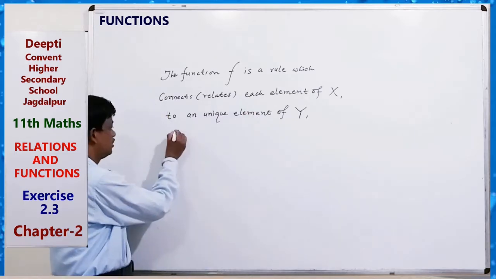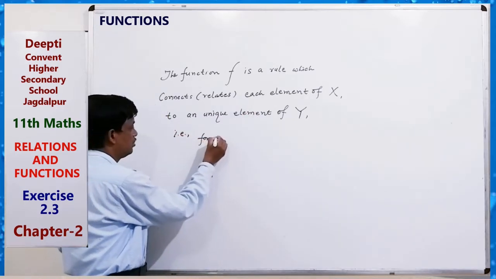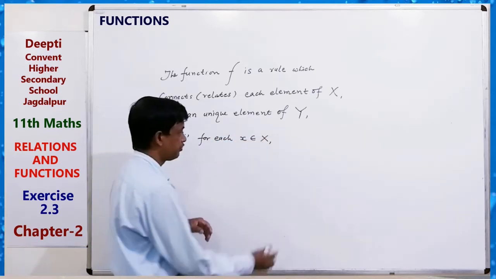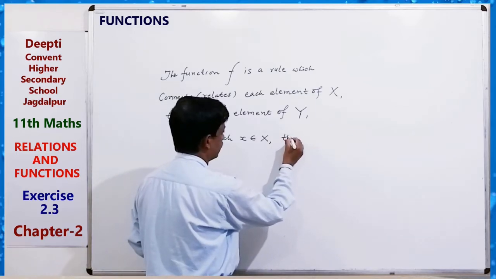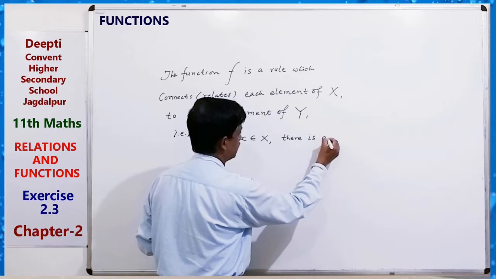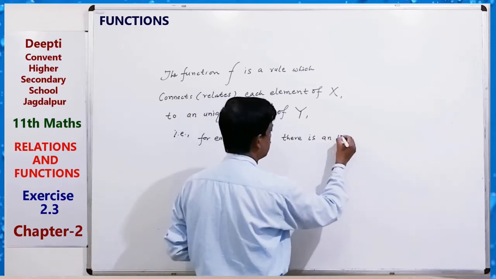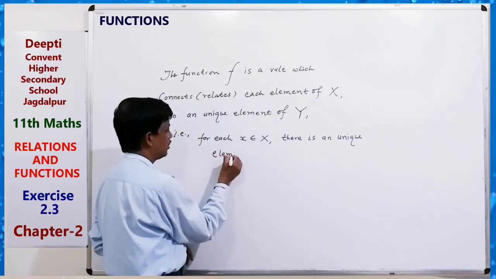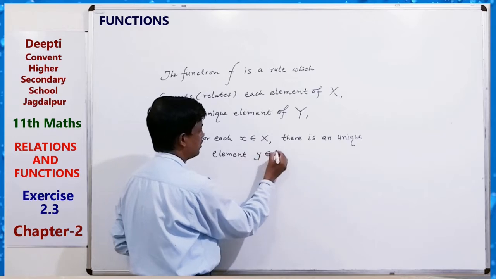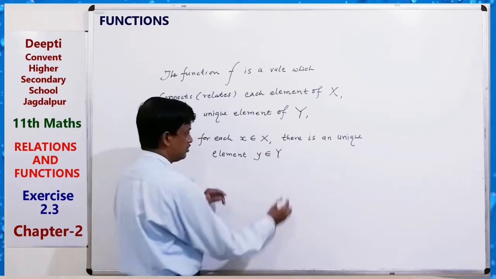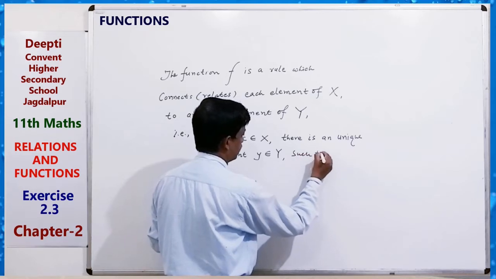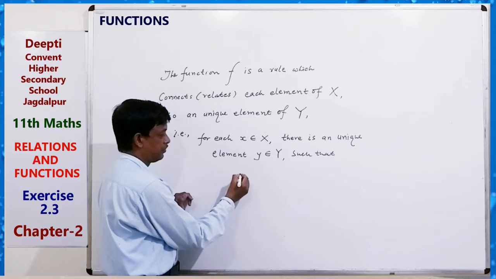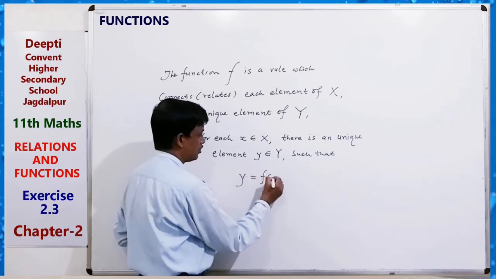That is, for each x belongs to X, there is a unique element y in set Y such that y equals f(x).